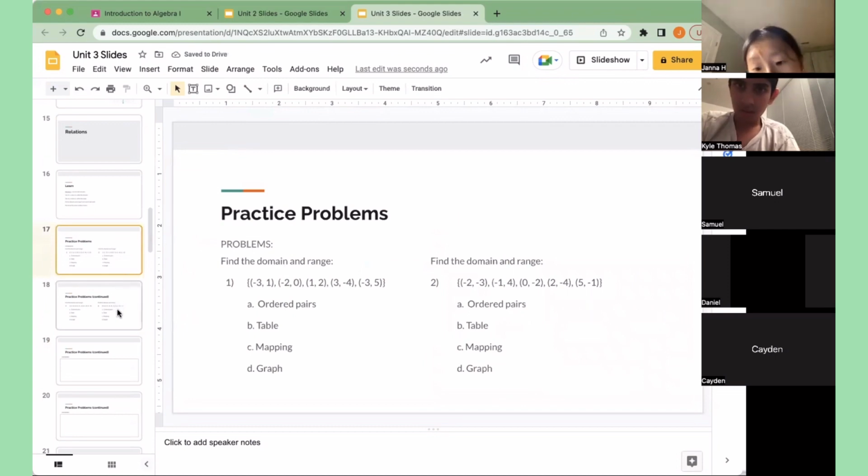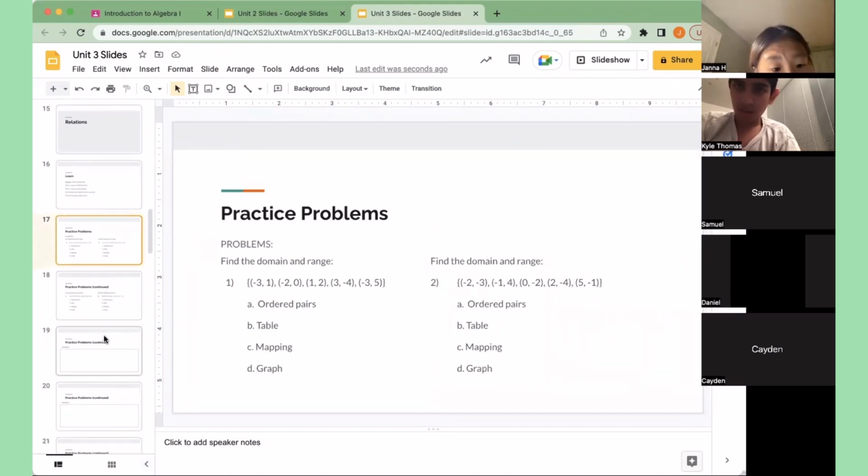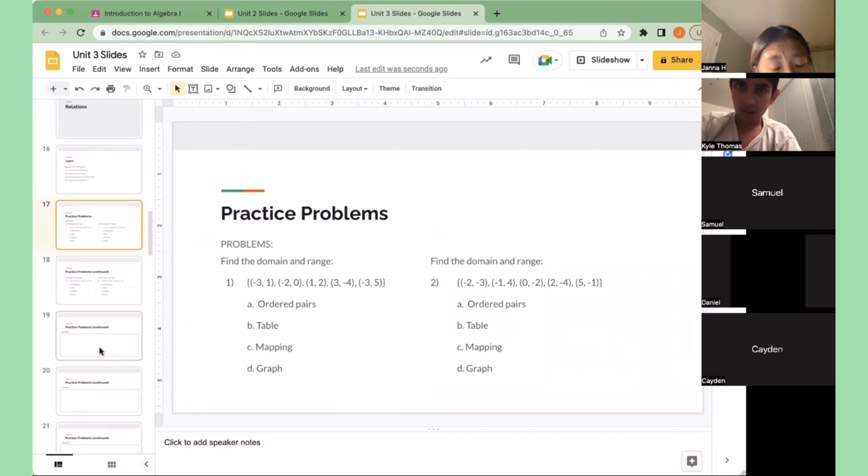How about you guys do number 2 and then put your answers in the chat, and then for the ones you can't do that, hold up the answer to your screen.